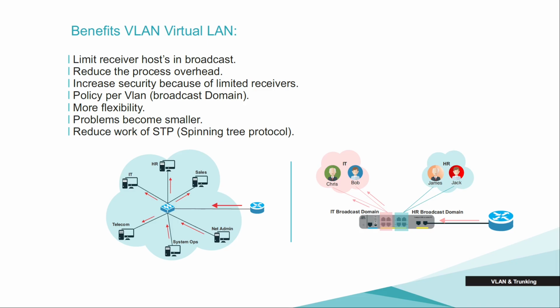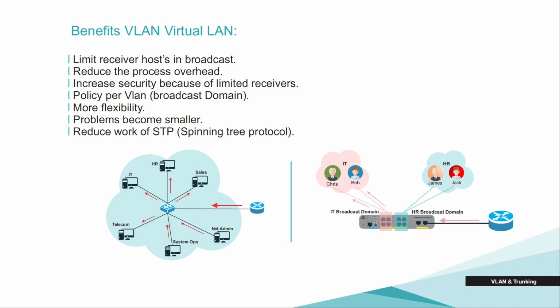VLAN also increases security because of limited receivers. So right now we can create a policy per VLAN. We can permit HR, for example, to use the outside network, and at the same time prohibit IT from accessing that network. Also the VLAN gives more flexibility to our network. Problems become smaller, and VLAN also reduces the work of STP, which is the spanning tree protocol.